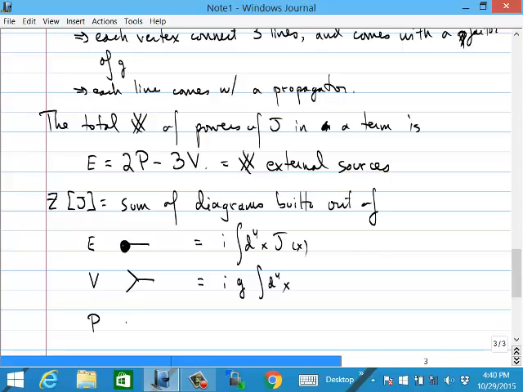And you have p lines, which are usually called propagators, each of which gives you a factor of delta. And if you like, you could label positions associated with these endpoints. So, for example, there would be a position there, and 2 positions associated with each propagator.